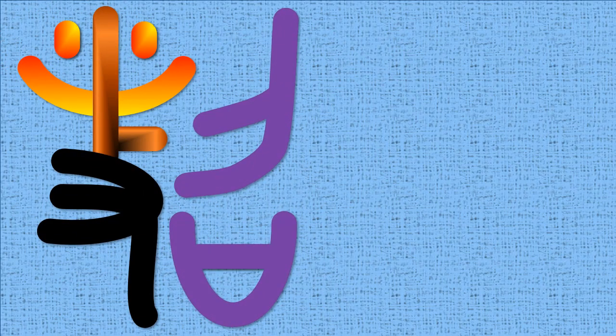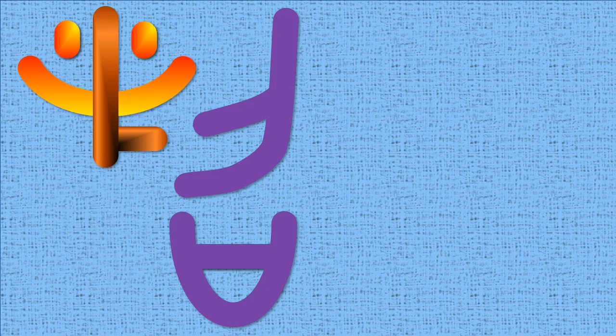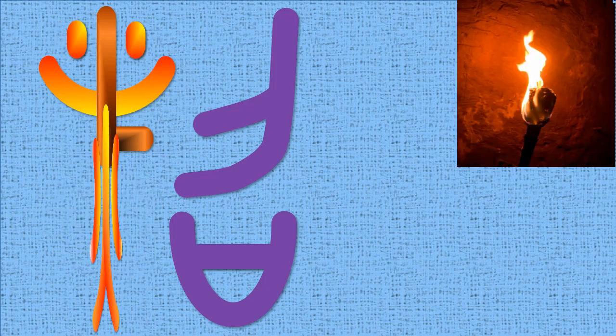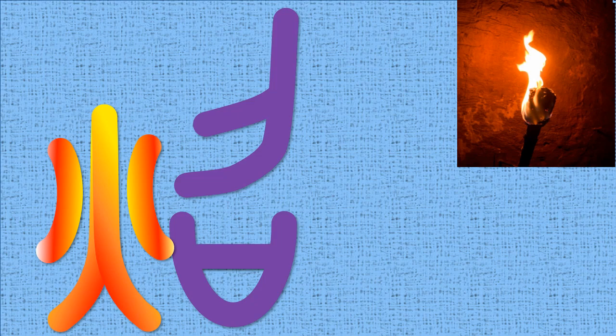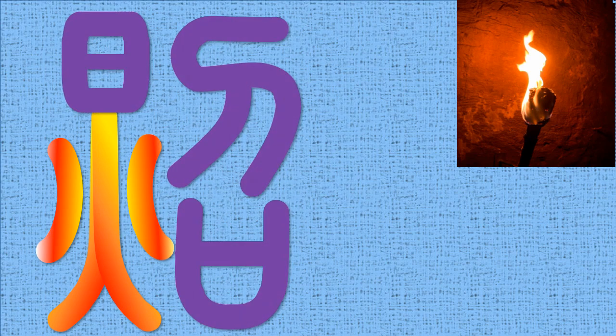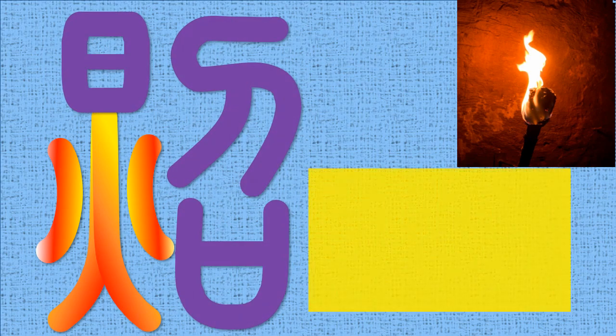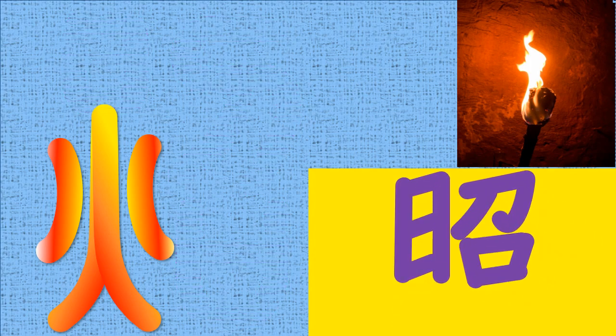It was necessary to introduce 昭 because it's the phonetic for our next, much more useful character depicting a flaming torch for illumination. The torch was eventually replaced by the four-dot fire radical 火 underneath the phonetic 昭.